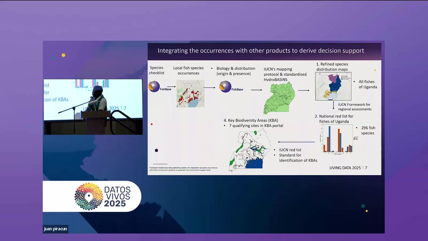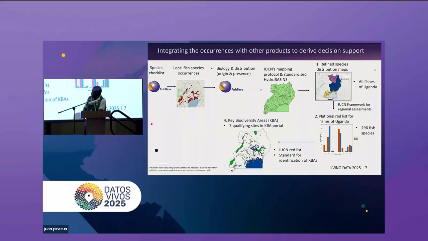We continue beyond the national red lists and try to integrate this information, now the distribution and the national red list, as well as the global one, to generate key biodiversity areas which are global, the best areas that we think are the best for conservation of specified species.